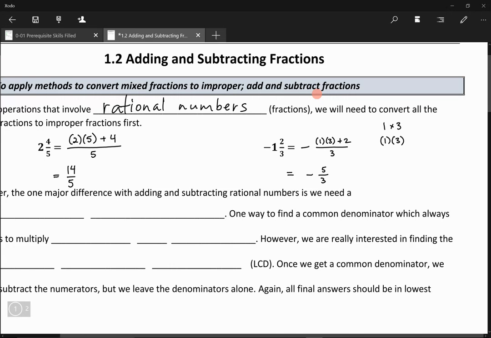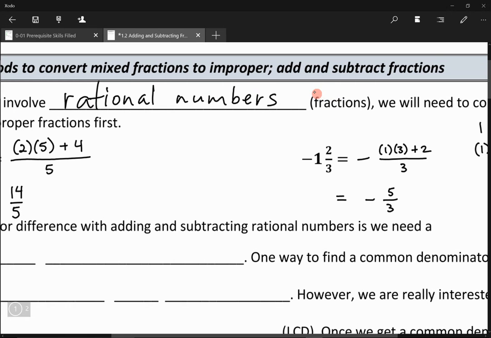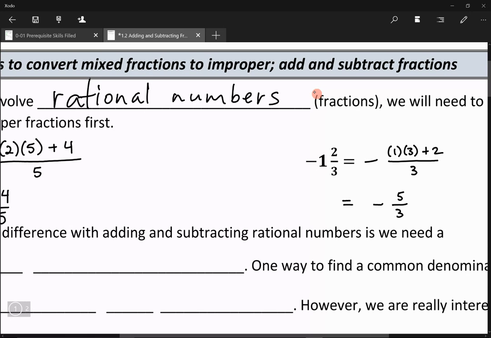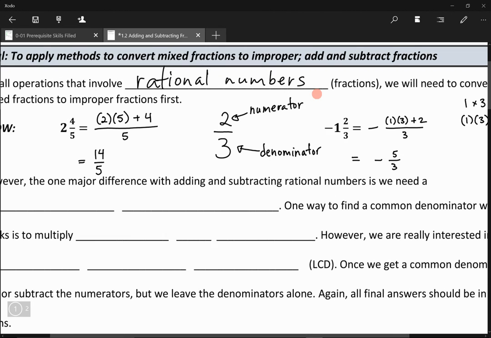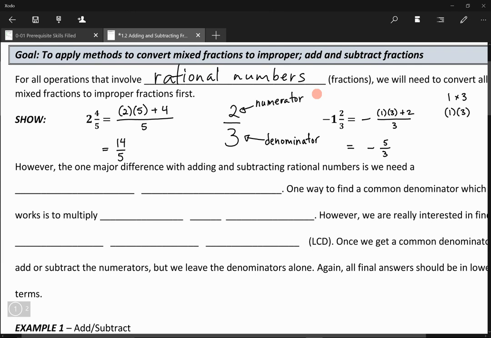And for any ELL learners who are a little bit confused when I talk about a fraction, if I say 2 over 3, the top number is what I call the numerator, and the bottom number is what I call the denominator. Just so we're not confused. All right, so moving on.